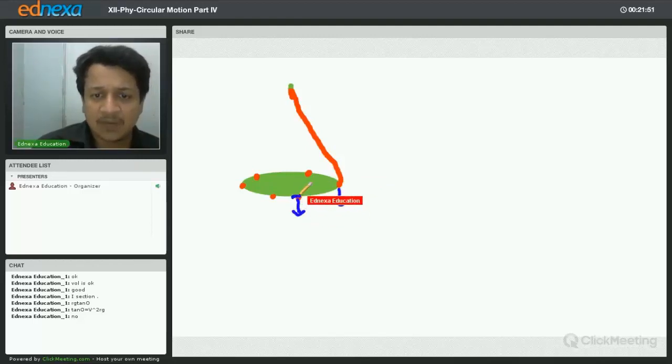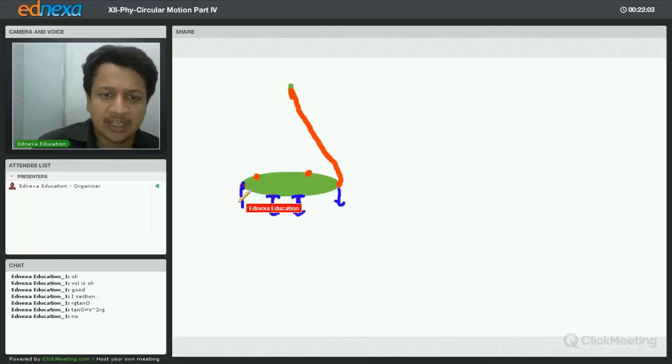At each and every point, weight is perpendicular to the line. See, when you consider a very small part, for this small part, is the weight perpendicular?